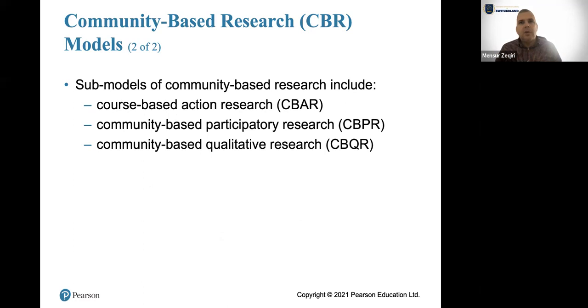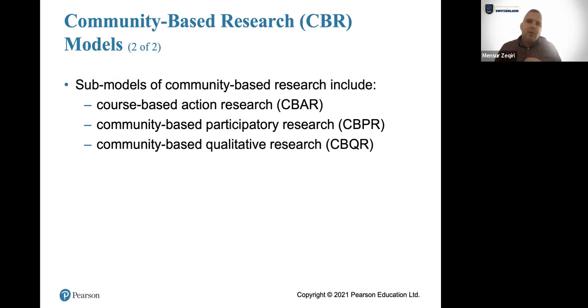The first one is course-based action research, which is a type of research that integrates community-based research as well as participatory action research. And this is used as a way to bring together undergraduate students, faculty, and local community partners in order to undertake collaborative research projects that can help to benefit the community partners at large.